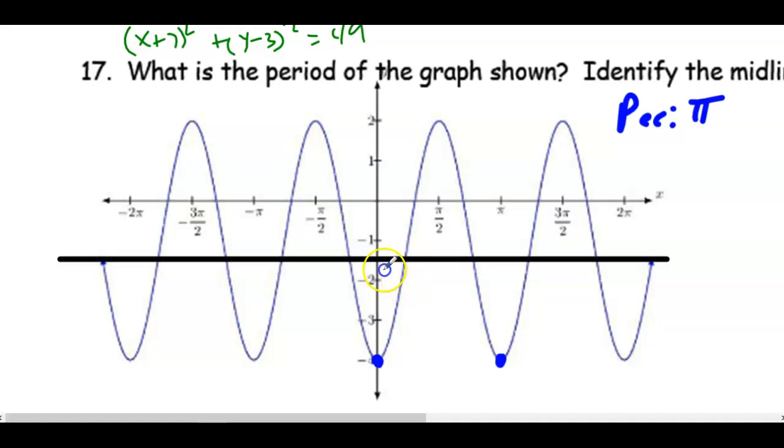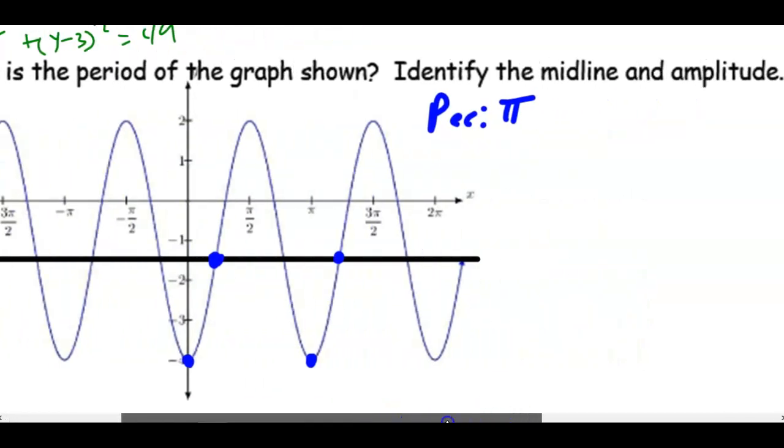If you started here at sine, that's still a distance of pi. Right, if I started right there. One distance. But if you use cosine, you'll see this is a distance of 1 pi. Anyway, what is the period of the graph shown? Got it, pi. Alright, identify the midline and amplitude.